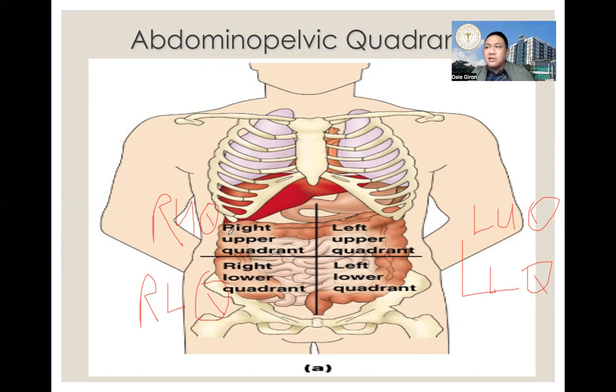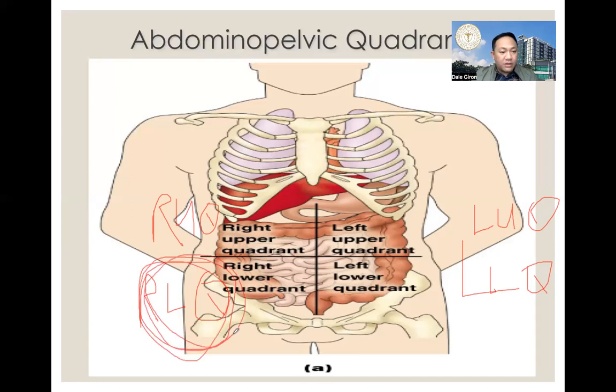Where is the pain, sir, ma'am? The pain, doc, is in here. So ikaw na magsasabi, you have a pain on your left lower quadrant, etc. So the most common is the right lower quadrant. Bakit, doc? Because this is where your appendix is located.